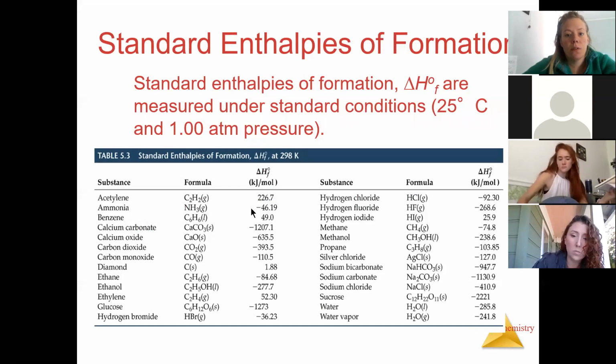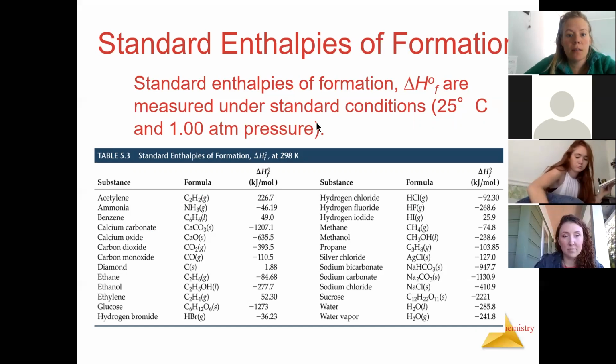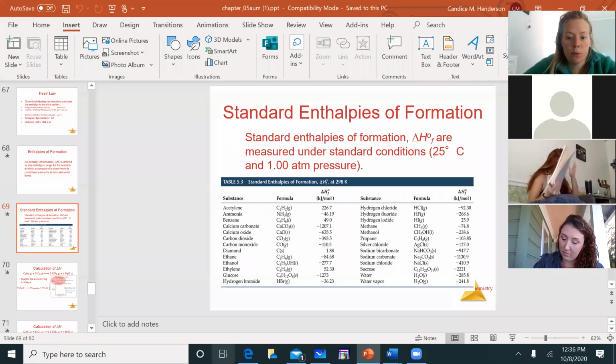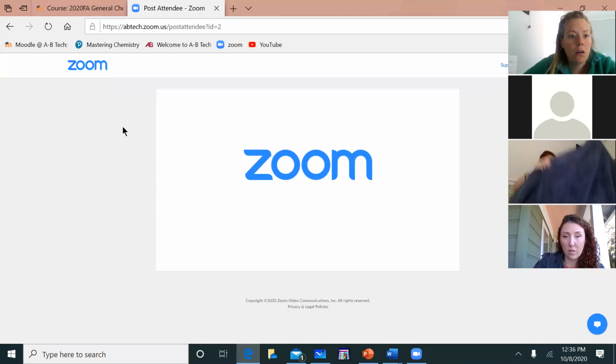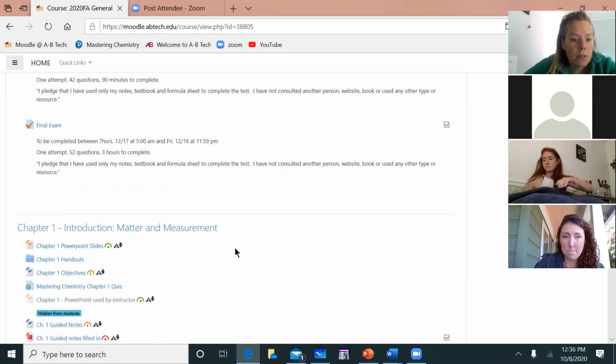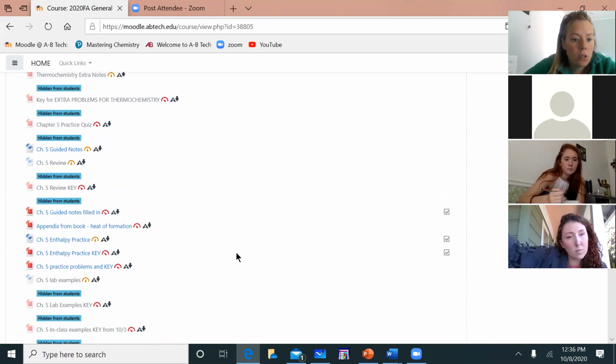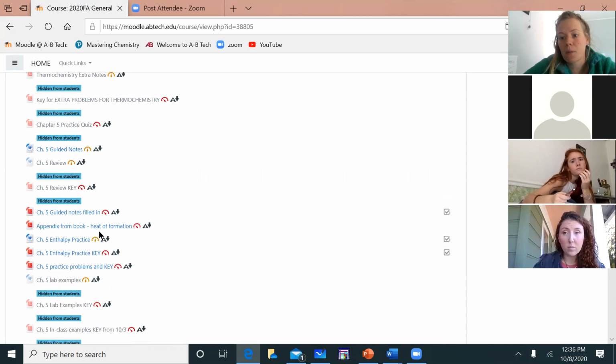Again, if you are in need of enthalpy of formation, it is appendixed in the back of the text, but we also have it stashed in our Moodle page. So the heat of formation. You may want to have that accessible when you're doing your exams or homework.